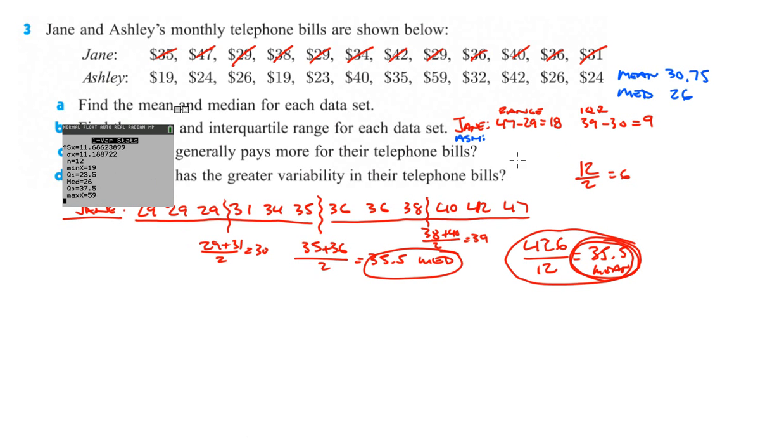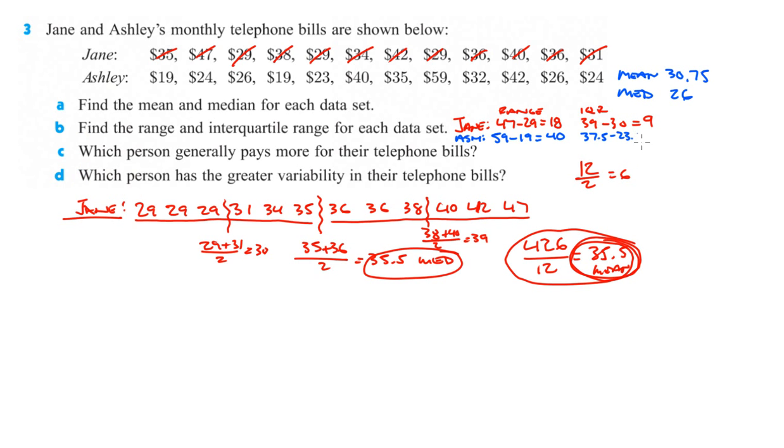So 59 minus 19 gives us what, 40? And then the interquartile range for this is going to be 37.5 minus 23.5. And that is going to give us, what, 14?